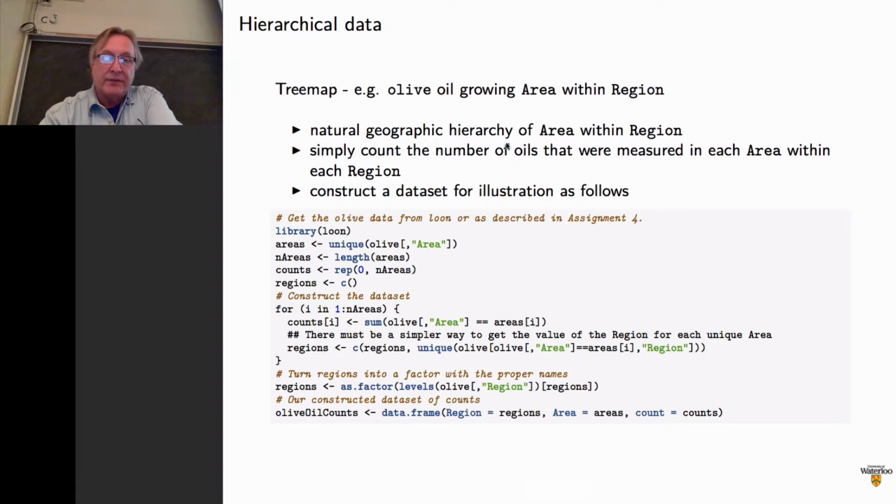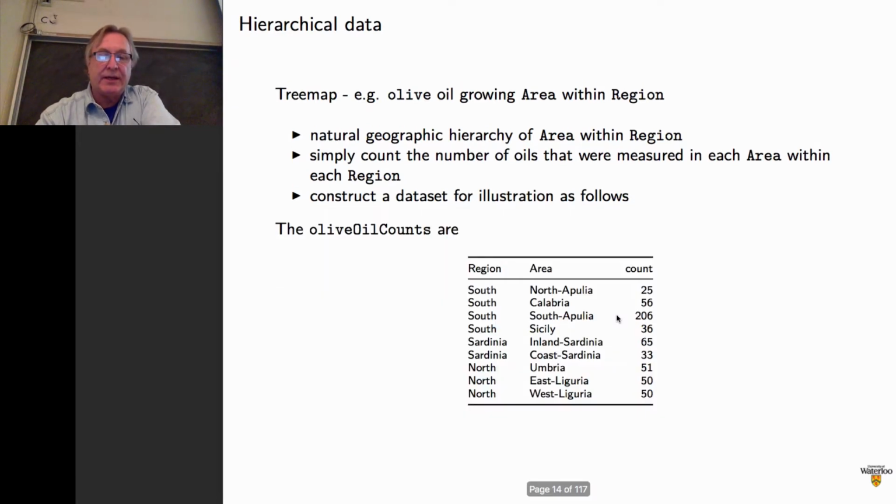So there's a natural hierarchy of areas within region. I'm just going to count how many olive oils there are in each one of these areas and hence within each region, and construct the data set. So I construct that data set, and the counts look like that.